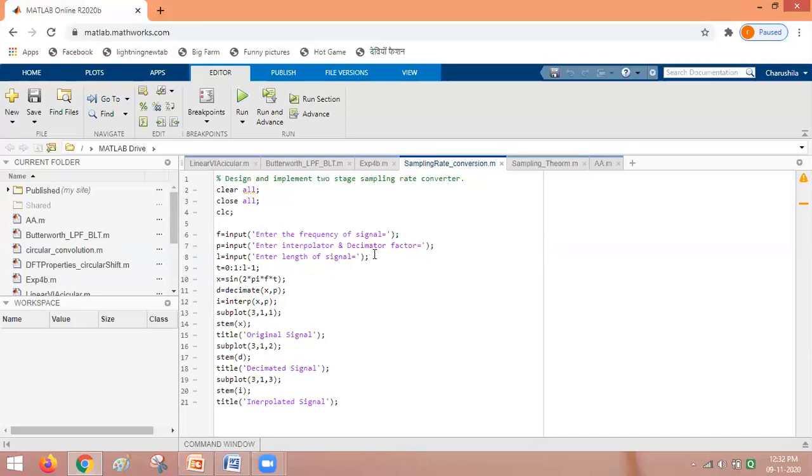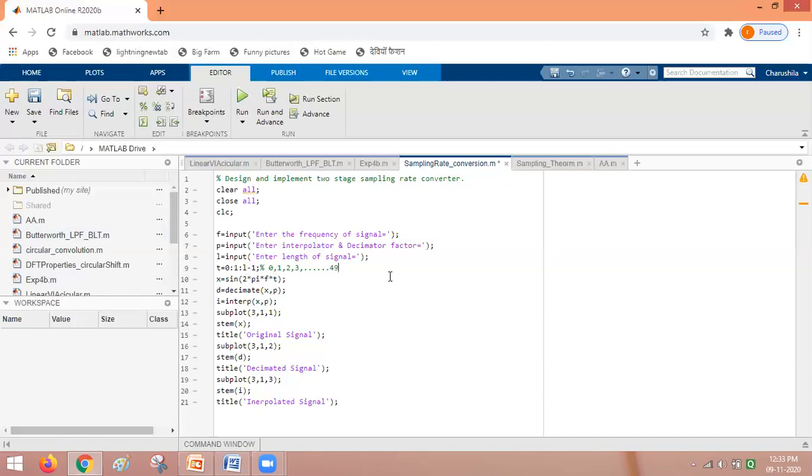If it is 50, suppose, then t values will start from 0 and it will end at 50 minus 1, that is 49, with the step size equal to 1. The middle figure is mentioning the step size, means the next value will be generated with the difference of 1. That means the t values will be starting from 0, next value will be 1, then 2, then 3. This way it will continue up to 49.